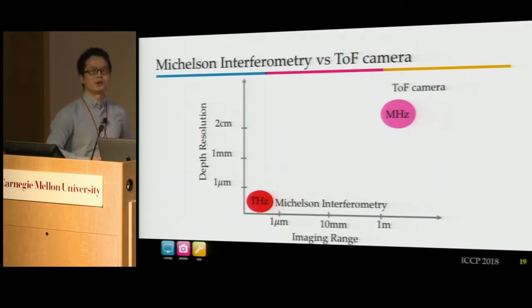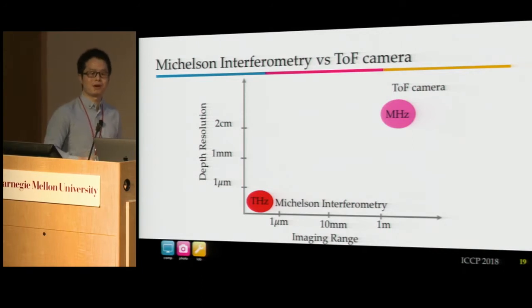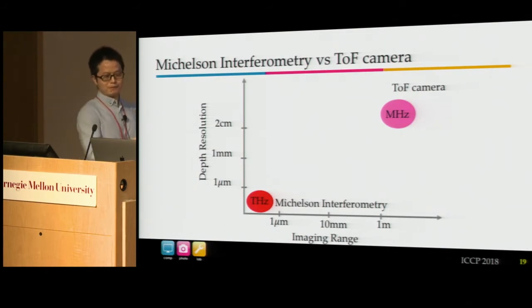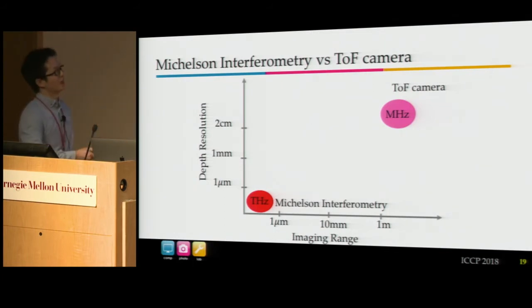But in this project, we are interested in imaging objects with rough surfaces, for example walls or a statue. Fundamentally, interferometry cannot image objects with rough surfaces due to the speckle issue. So when we plot these two types of imaging techniques here, you can see there's something missing in between.